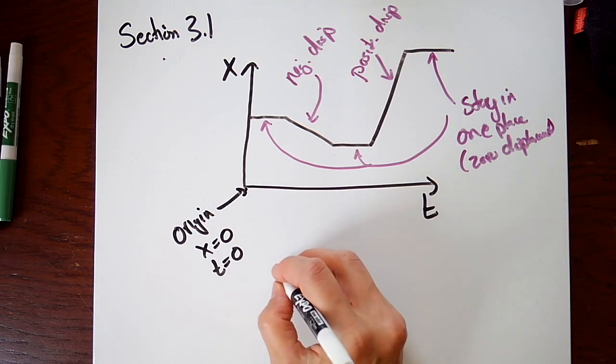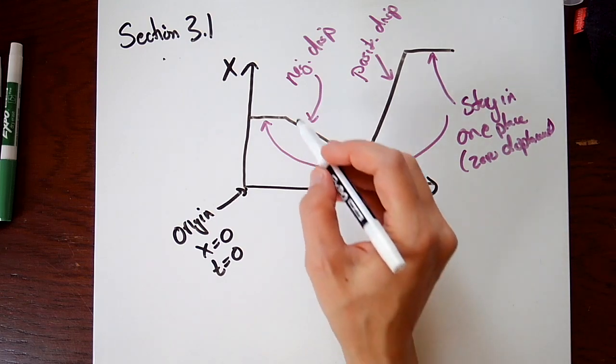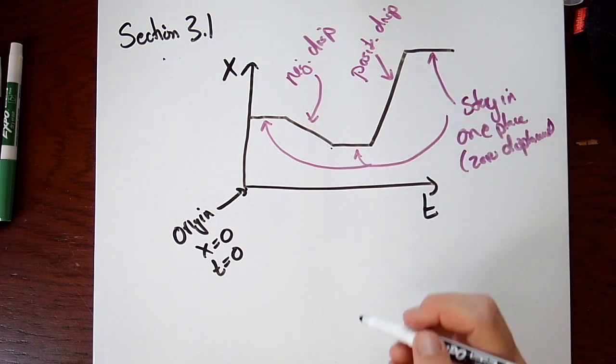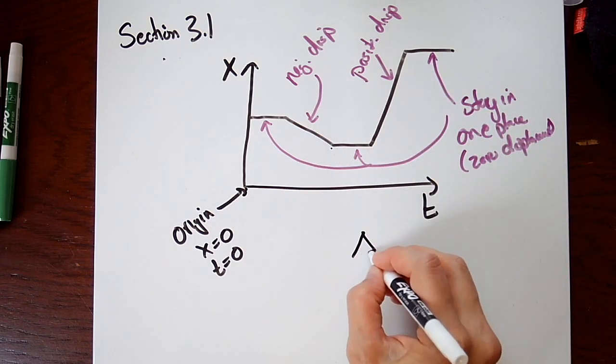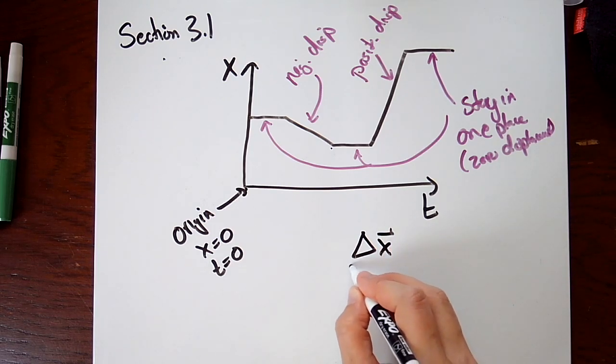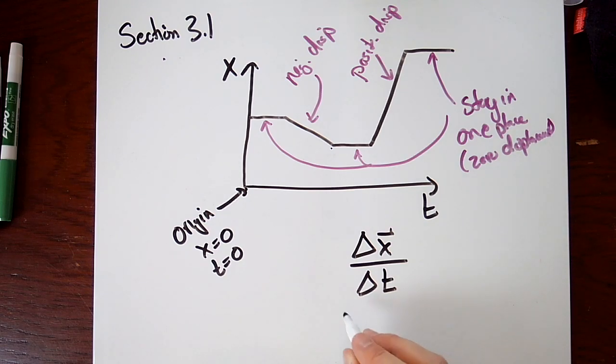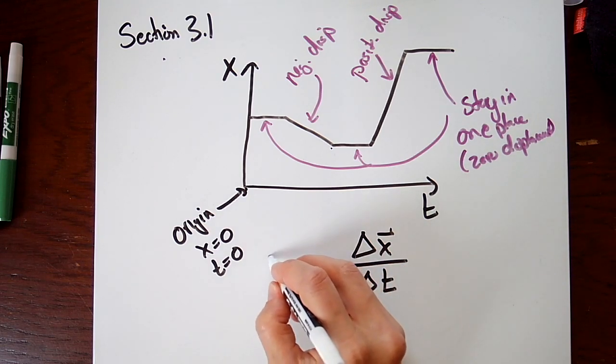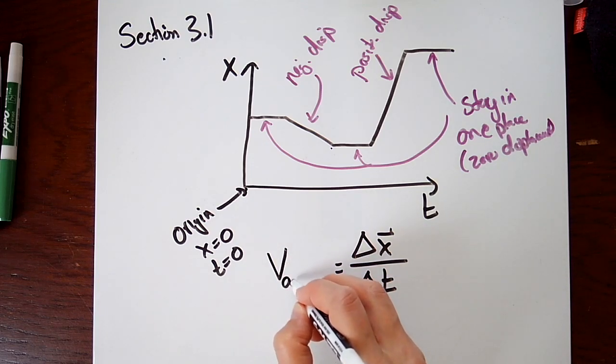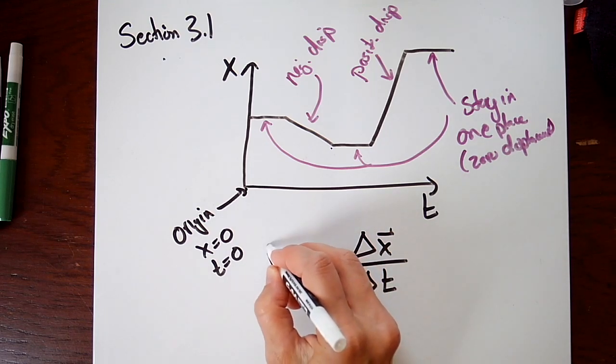One final thing for this section is how quickly your displacement changes. So looking at your displacement over the duration of that displacement, how long it took you to get wherever you're going. And that guy is equal to what is called the average velocity.